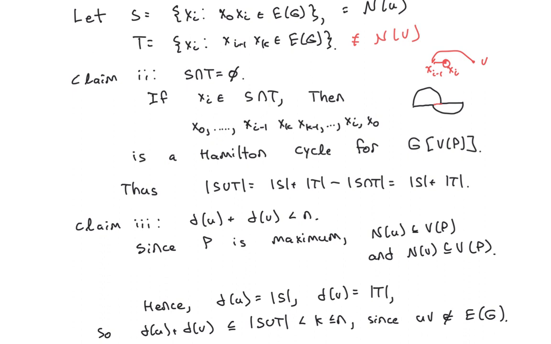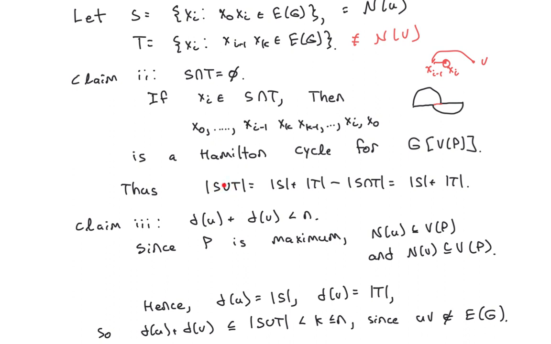In particular, you go along the path till you hit xi minus 1, then you jump to the end of the path and go backwards till you hit xi, and then you jump back to the beginning. And so you do get a Hamilton cycle in this case. And since we're assuming our graph is not Hamiltonian, it follows that this shouldn't be possible. And thus, this intersection must be the empty set.